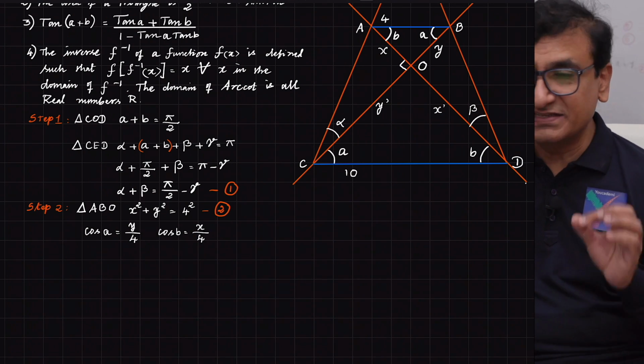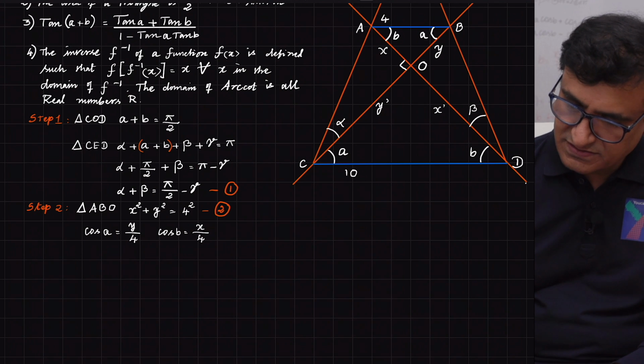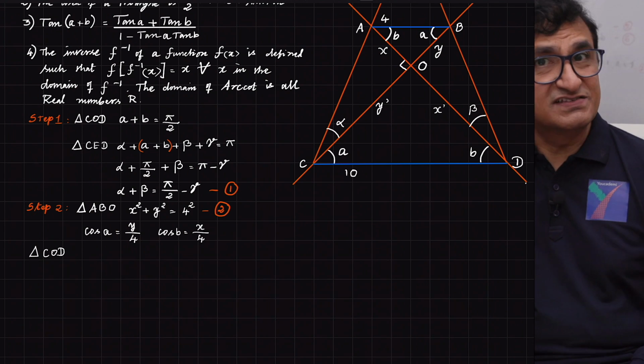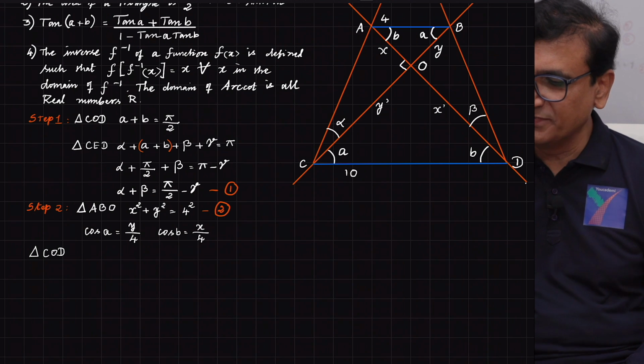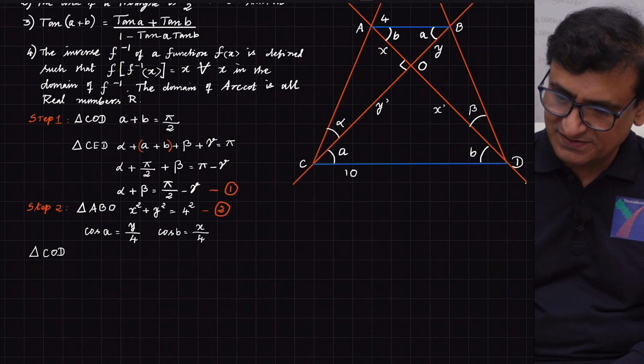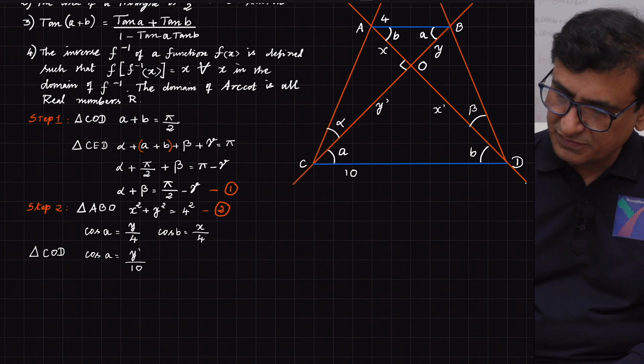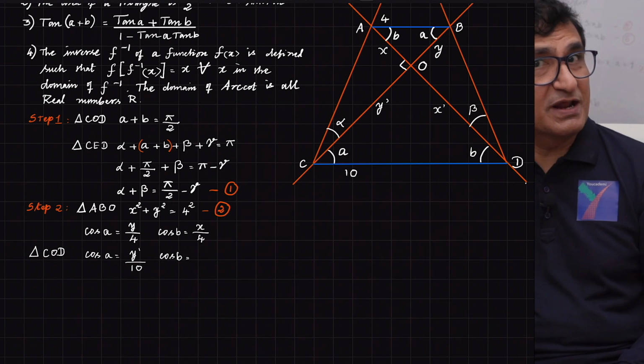Next, the triangle COD. In triangle COD, the cos A would be y prime divided by 10. Similarly, cos B would be x prime divided by 10.